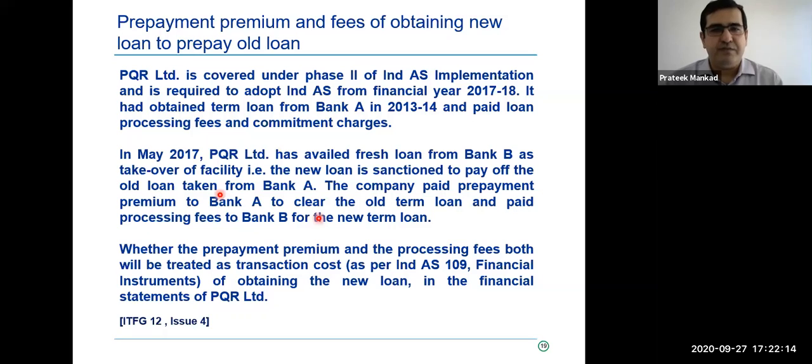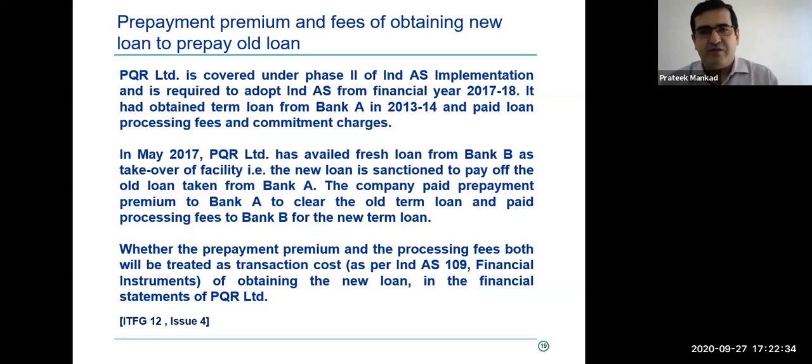I will also charge you 1% as processing fee. So the question before the ITFG was whether the prepayment premium and the processing fees both are transaction costs for obtaining the new loan, or are they two separate items?